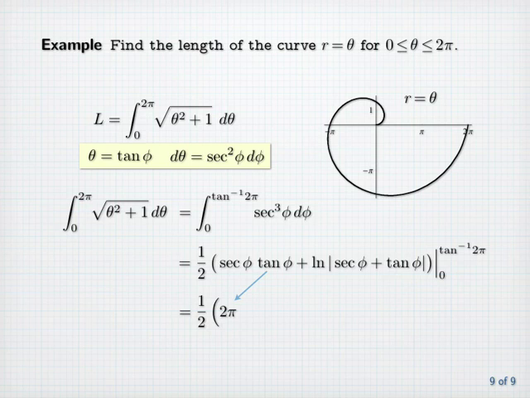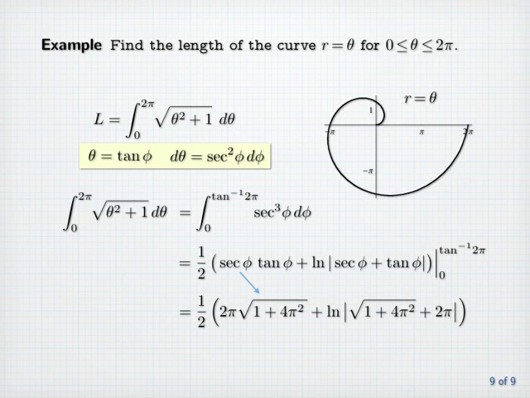Since secant squared equals 1 plus tangent squared, the secant of the inverse tangent of 2 pi is the square root of 1 plus 4 pi squared. Now the second term is the natural log of the sum of those same numbers. This is the exact value of the arc length, which turns out to be approximately 21.26.